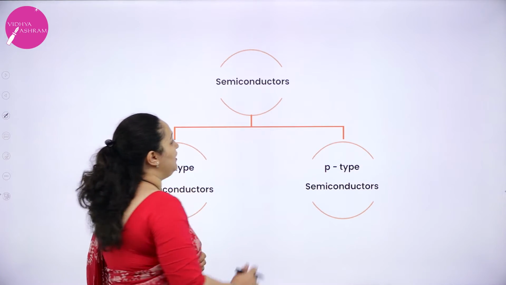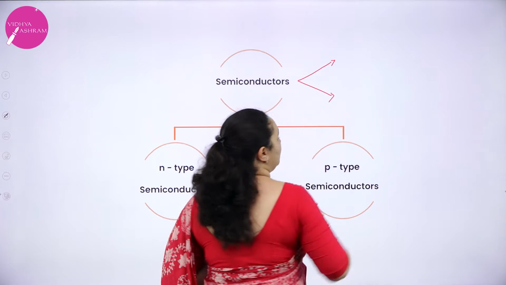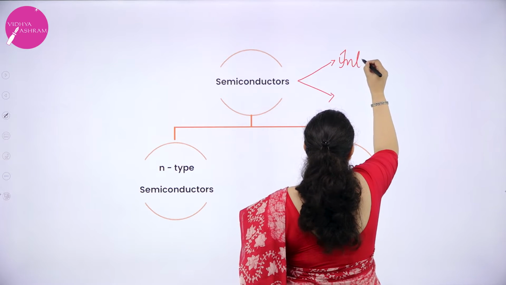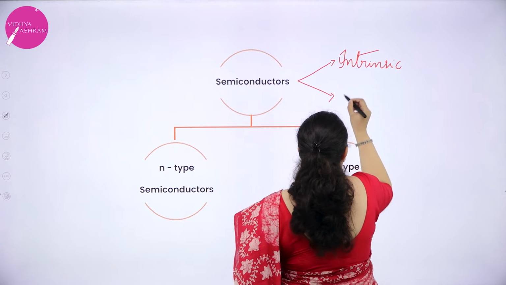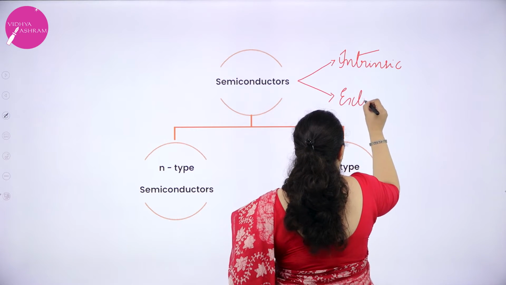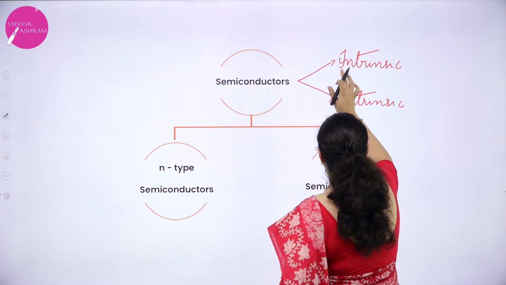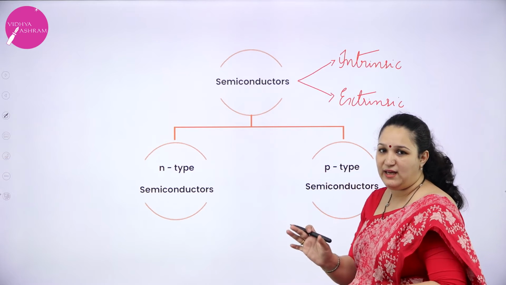Semiconductors actually are of two types, intrinsic and extrinsic. Intrinsic is the pure silicon or germanium which does not contain any impurity.